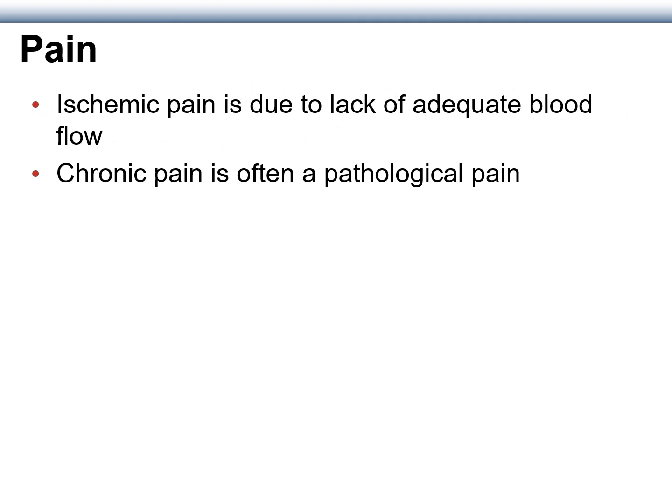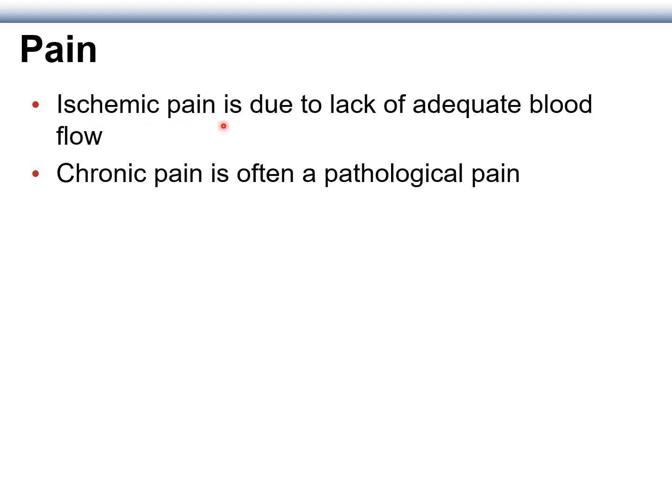For instance, this statement here: ischemic pain is due to lack of adequate blood flow. The larger issue is that pain is meant to be a warning. It is saying something is wrong, or avoid this because you're going to cause injury, or otherwise do something about the inadequacy in the tissue. And so ischemic pain is exactly that.